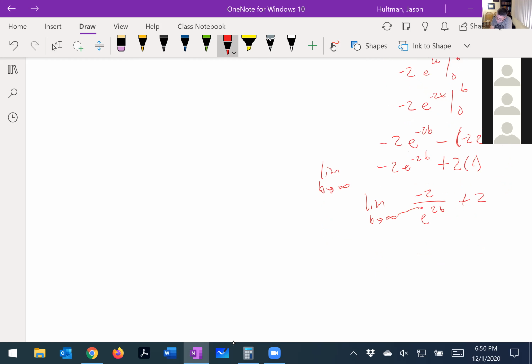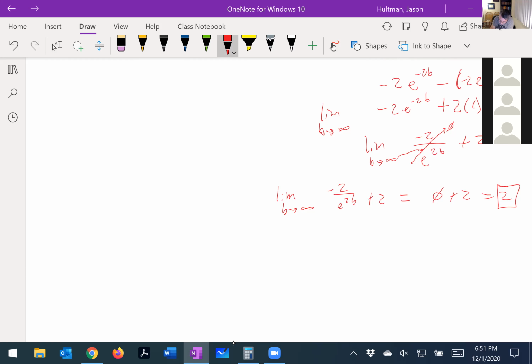Well, that becomes 2 over infinity, and any constant over infinity goes to 0. So the limit here does exist. The limit as b goes to infinity of negative 2 over e to the 2b plus 2 is equal to 0 plus 2, which is equal to 2. So the limit did exist, and what does that tell me?